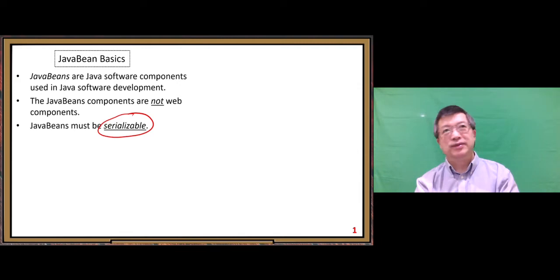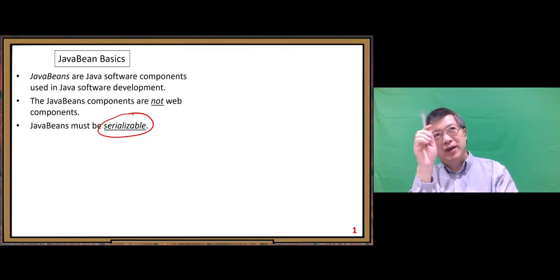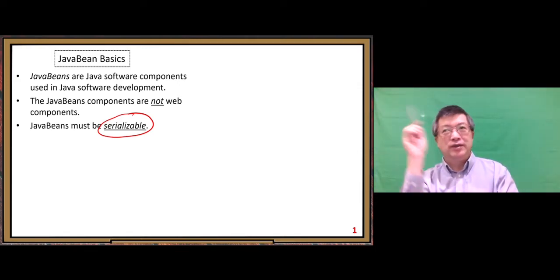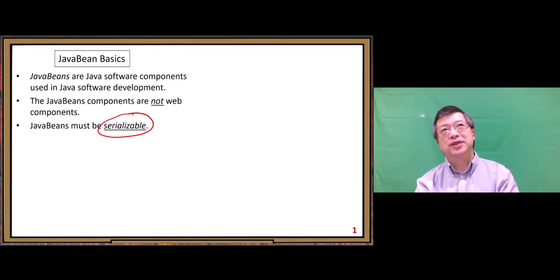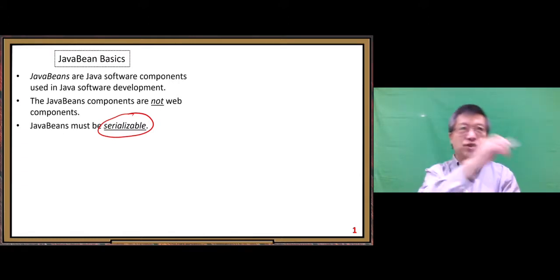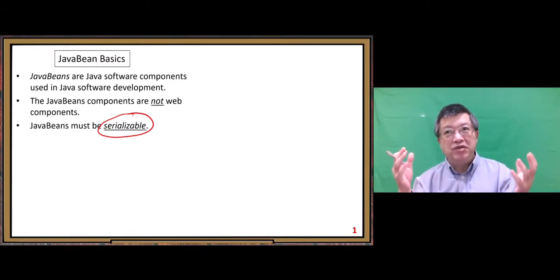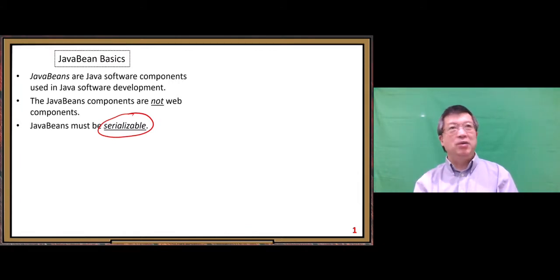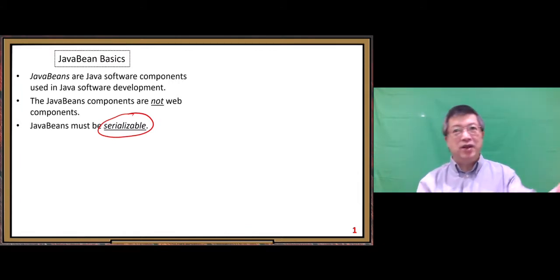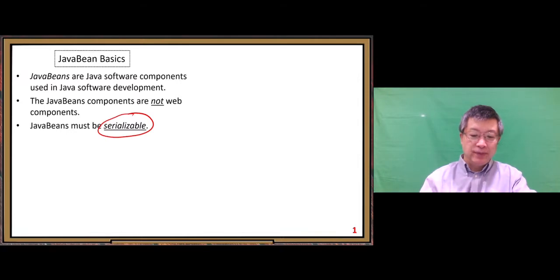So somewhere you can see serializable, something like that, ID. Next time when we see it, I will point that out. You may have had the chance to see this word before, but you may not understand the meaning of it. So today, in this video, I will explain the meaning of serializable. I will spend quite some time to explain this concept.